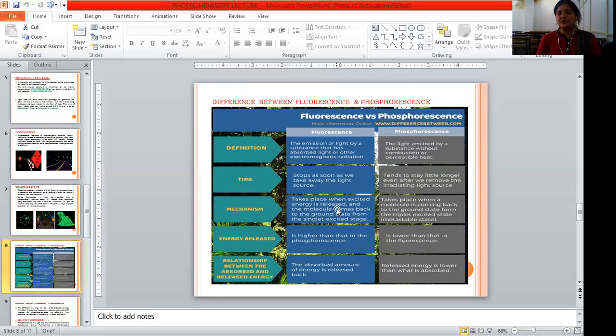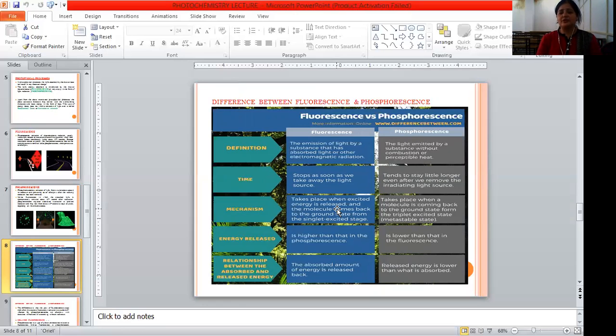The energy which is given out in fluorescence is higher than the energy which is given out in phosphorescence. The reason behind it is that in fluorescence, we do not have to change the state. Molecule or the electron in the singlet state goes to the singlet state of the excited state and comes back. Whereas in phosphorescence, the molecule has to undergo interstate transition.